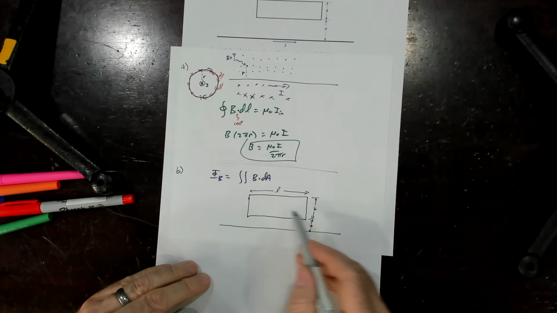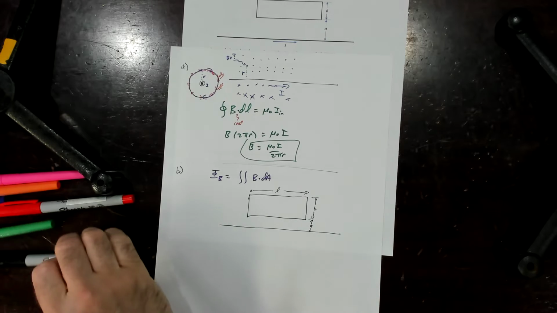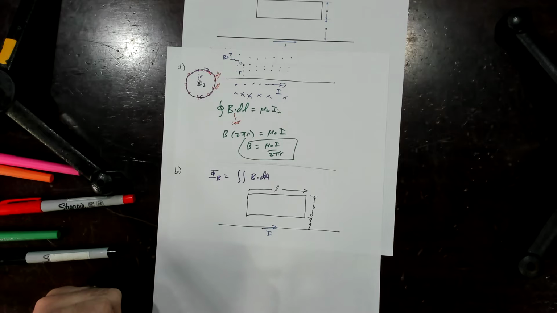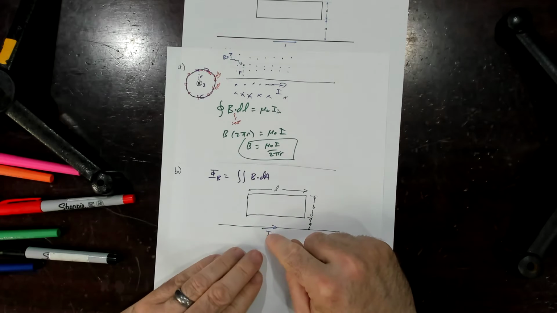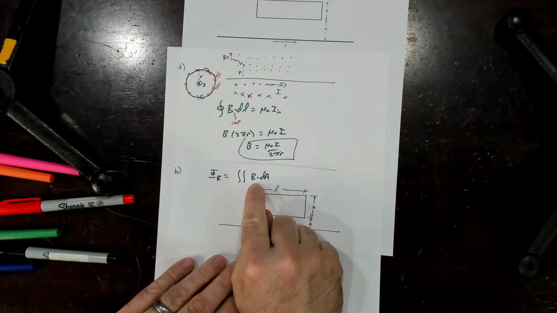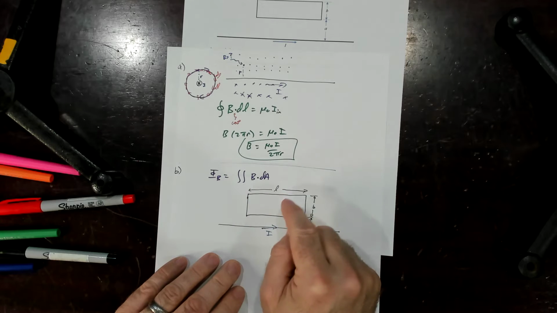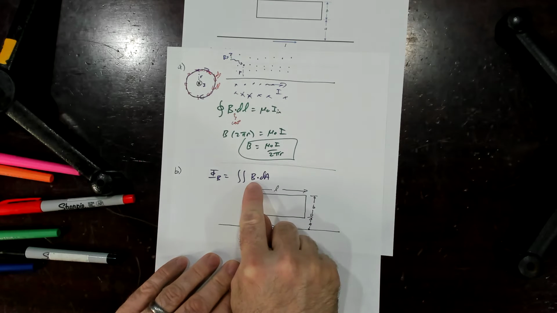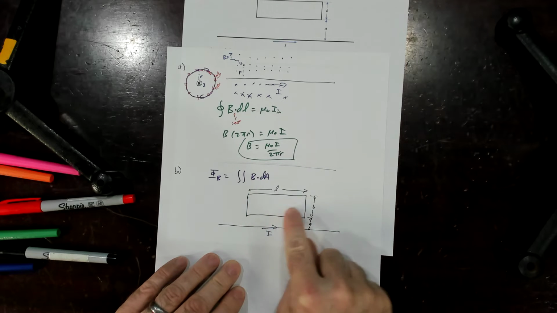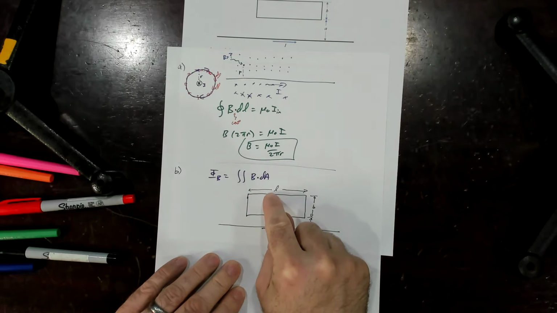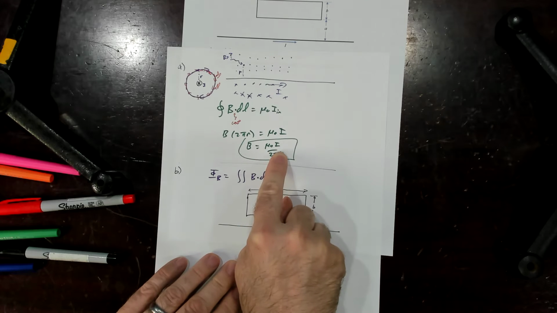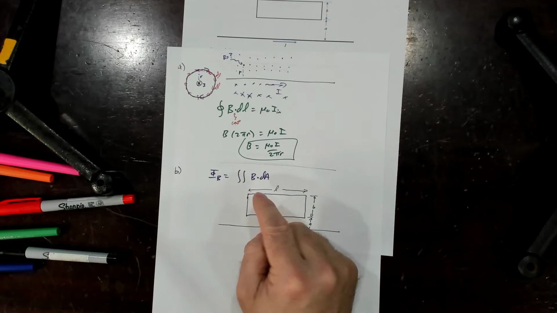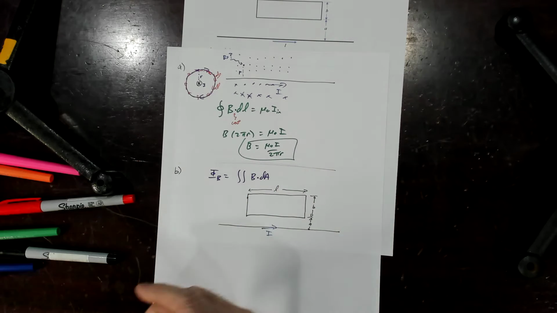I want the flux that's shooting through this for that field made by this current I flowing there. So I would just say this integral is just B dot dA. The problem is the B field is not going to be the same strength everywhere in this area. As I go farther away from the wire, the B field gets weaker, according to this equation. So I'm going to substitute that in there for B.